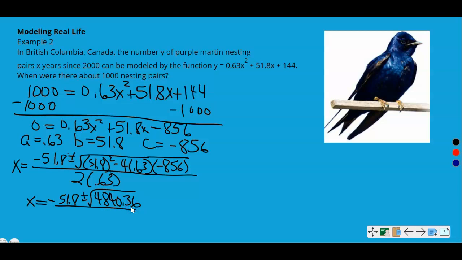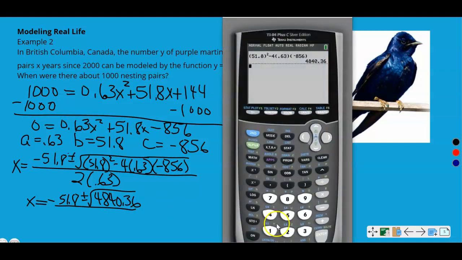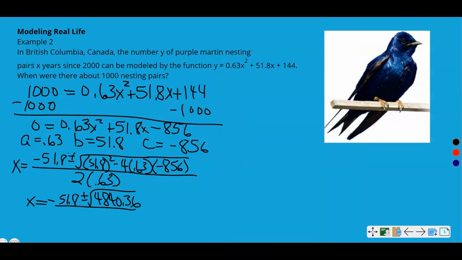And then we're going to do 2 times 0.63, and that gives us 1.26. All right, now we have to figure out which solution. We're going to have two solutions, and let's put approximately because I don't think these numbers with decimals are going to come out to an exact answer.